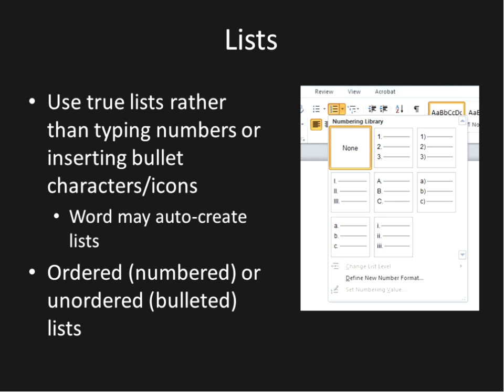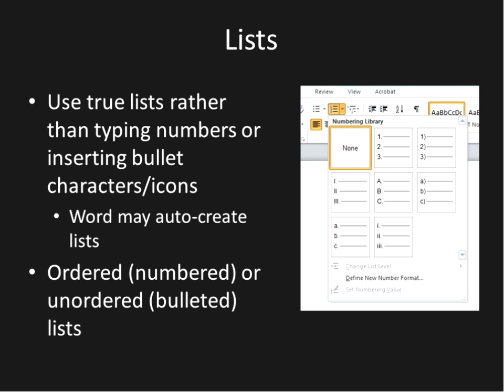So using those true list types is going to be much better than simply, say, typing the number 1 and then some text and hitting enter, then typing the number 2 and adding some text, or using some sort of character or glyph for those bullets. Now, Word may automatically create lists.